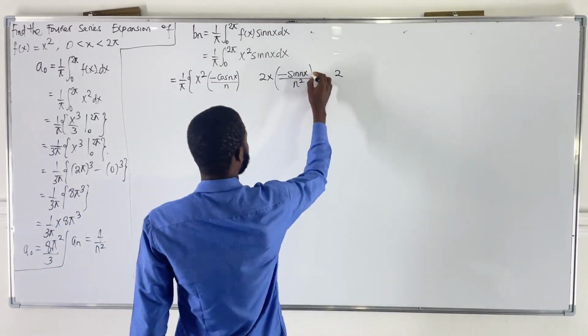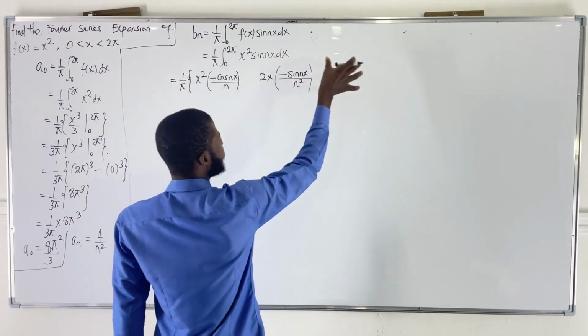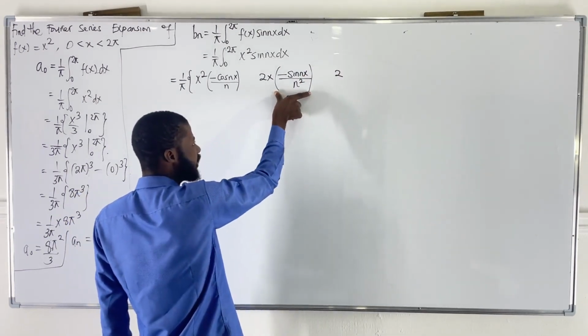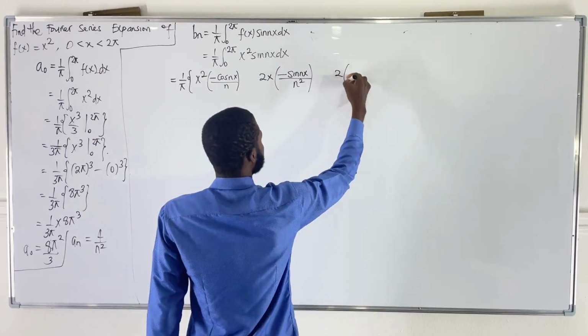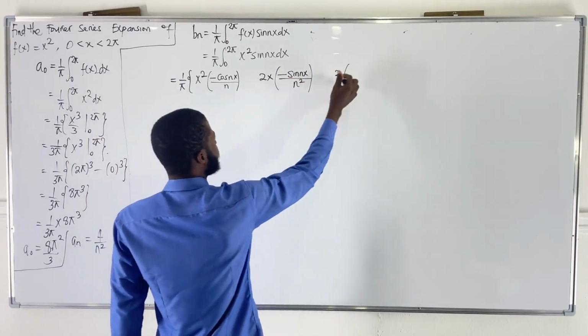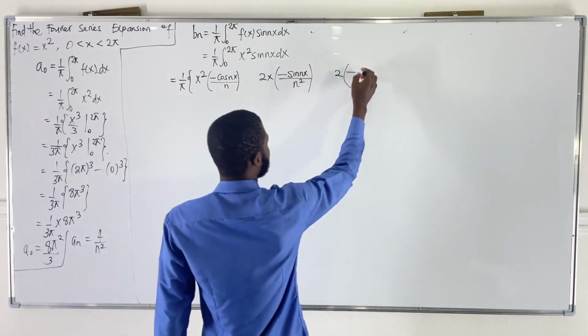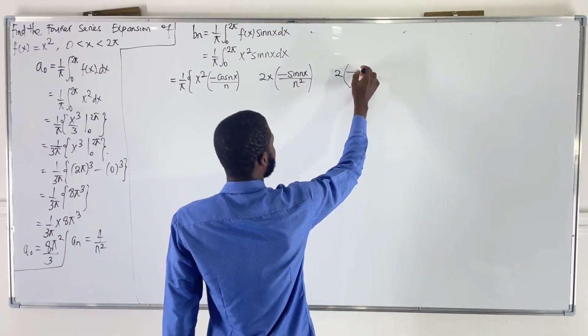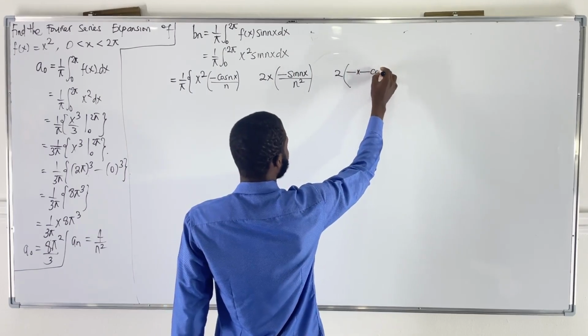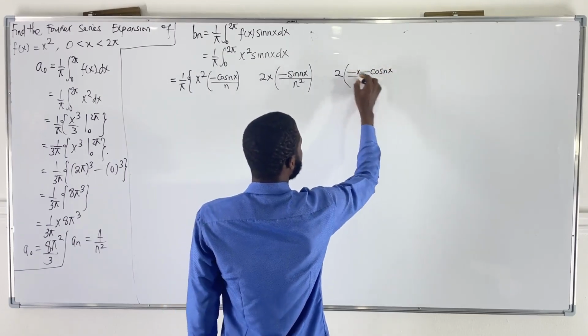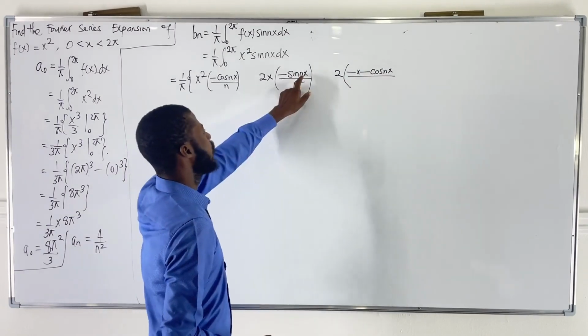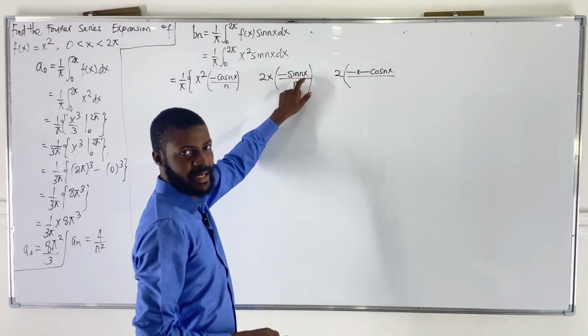Okay, close this up. Now everything in this bracket, integrate it again. There's a minus here, so you write your minus. When you integrate sine, you will get minus cosine. So that means there's another, let me say times, minus cosine nx, then divided by, when you differentiate the angle nx, you get n.